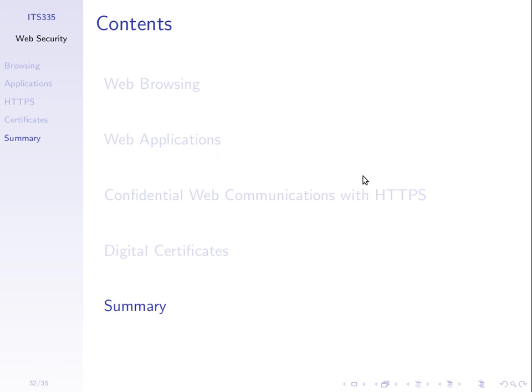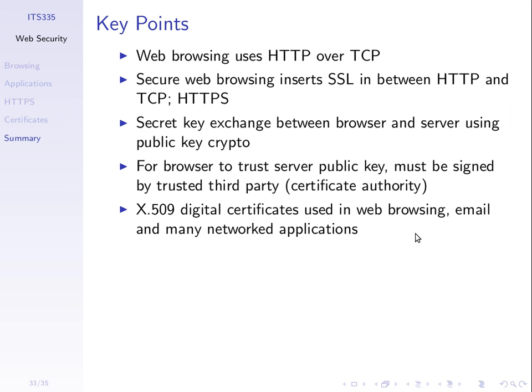So to summarise this topic on communication security and the internet or web browsing: to perform web browsing, we're using HTTP over TCP, but everything we send is unencrypted. For secure web browsing, we insert this SSL protocol between HTTP and TCP.